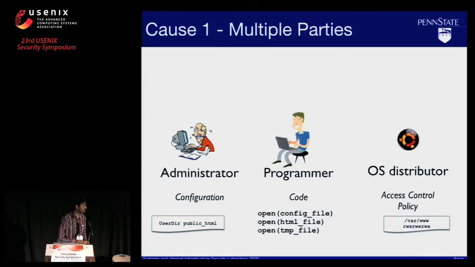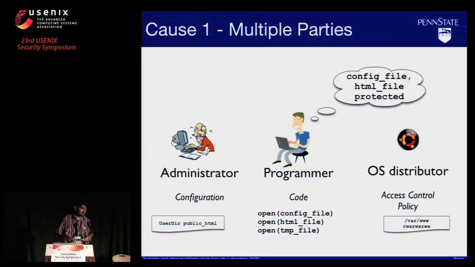Why does this happen? Let's consider all the parties that are involved in securing a resource access. You have programmers that write code. You have OS distributors that frame access control policies. You have administrators that configure applications.